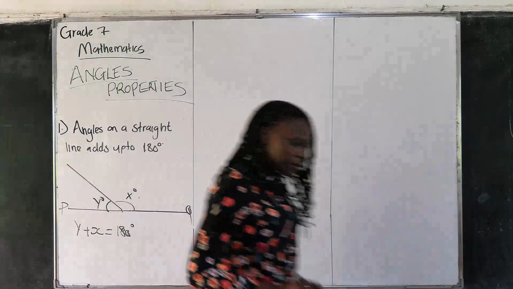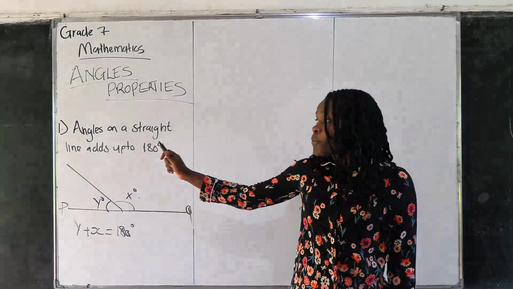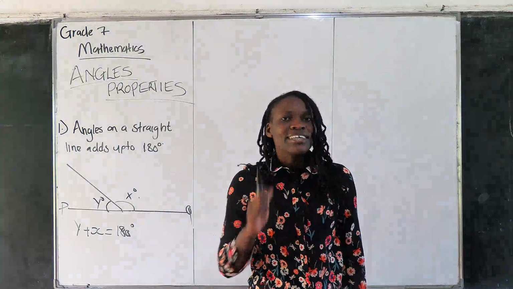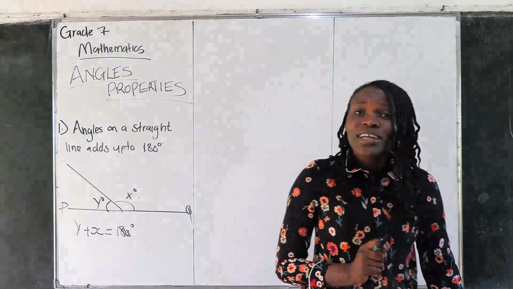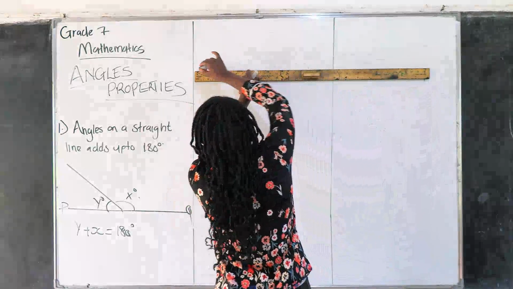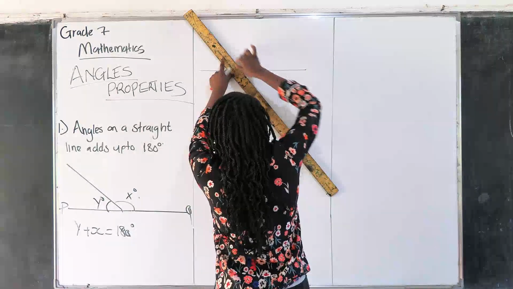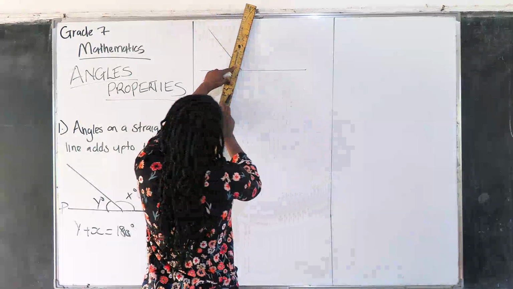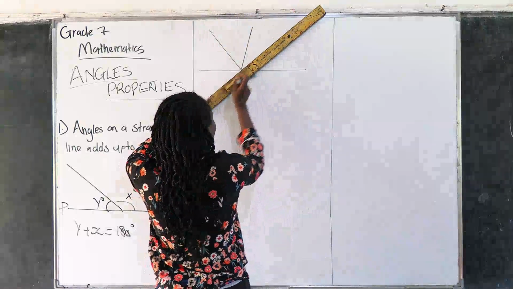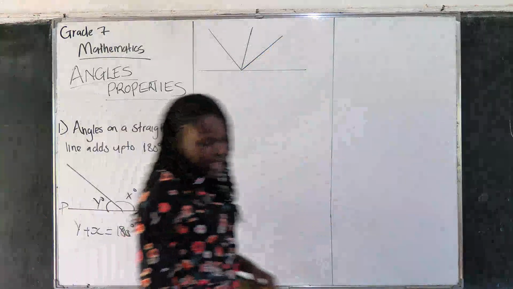Let's do another example. For example, you can be told to find a certain angle. And since you know this property, the property is angles on a straight line add up to 180 degrees. So since we know that property, let's find this angle. So we have that.